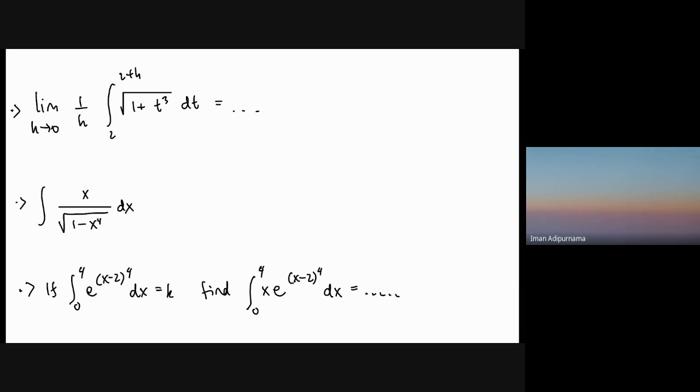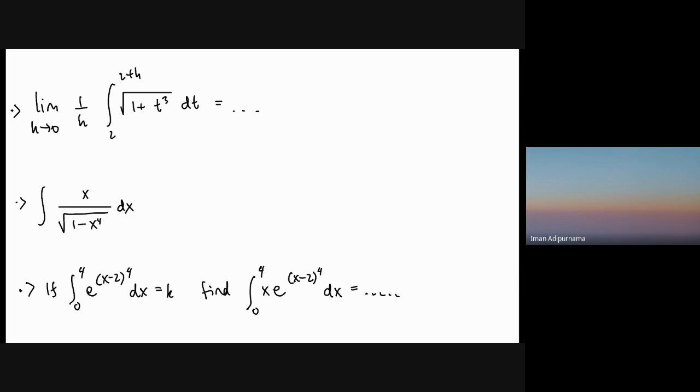There are at least two methods to solve the first one. The first one is this, and the second one is L'Hopital. Either way, it's short, not too long.